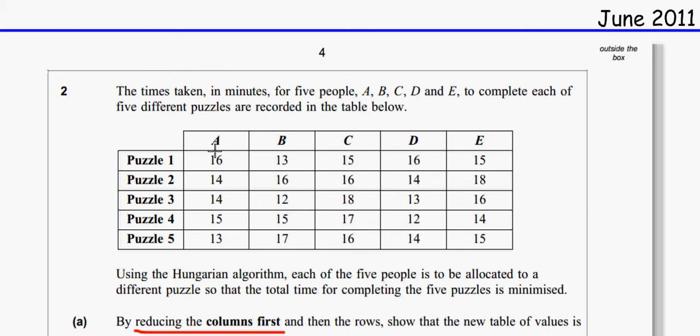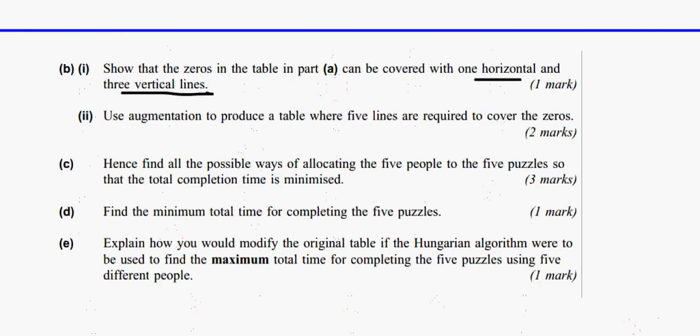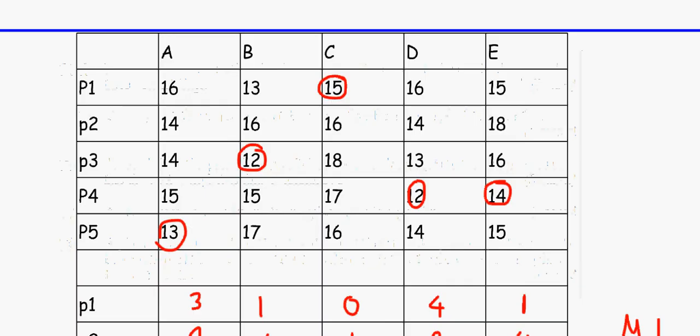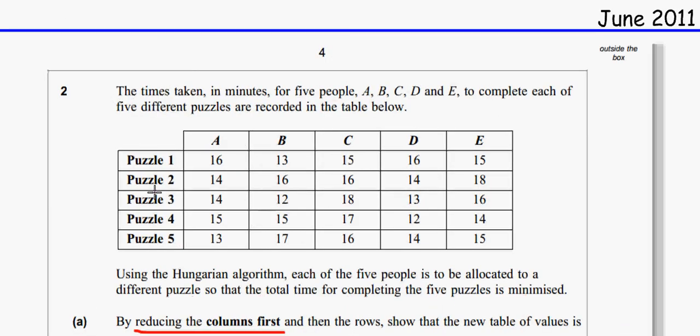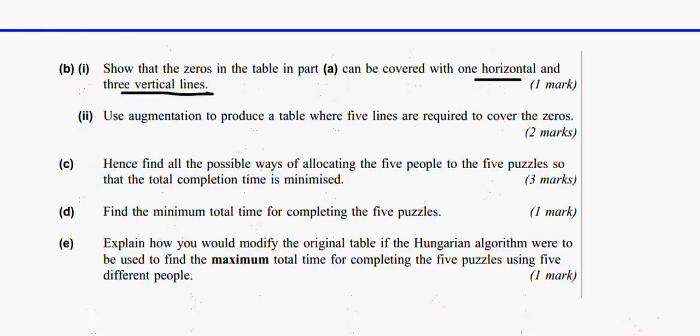That's mainly because one person needs to be allocated to one thing, even if it is something useless. You still need to find out who you need to kick out, if you want to put it in that analogy. So be careful if that does happen. If you do have 5 rows and 4 columns, you need to add a dummy of the highest value. But don't worry about that, that's not in this question.